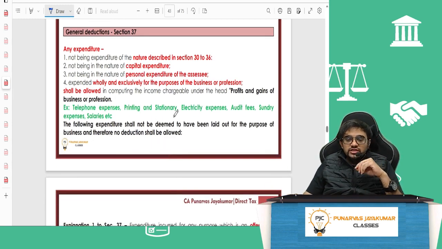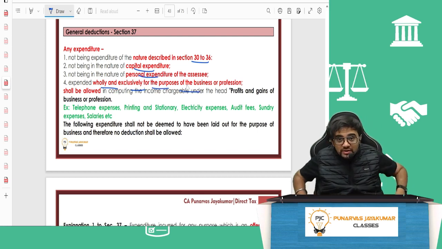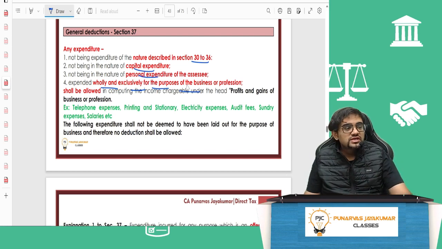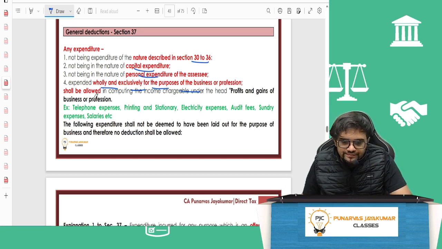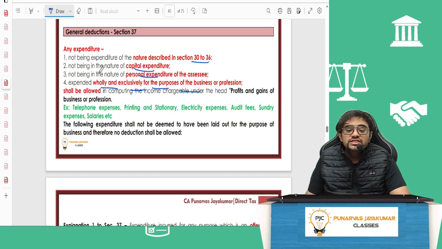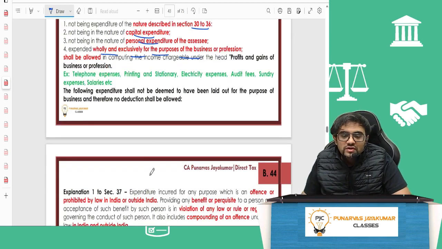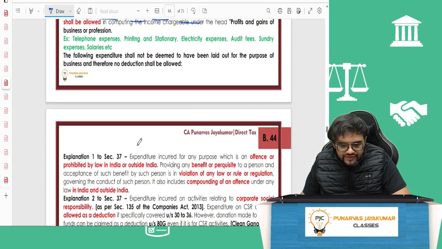Any expenditure not being in the nature of 30 to 36, should not be capital, should not be personal, only and exclusively for the purpose of business or profession, shall be allowed under section 37. It's a general deduction section. Your telephone, printing and stationery, electricity, audit fee, all that will come under 37.